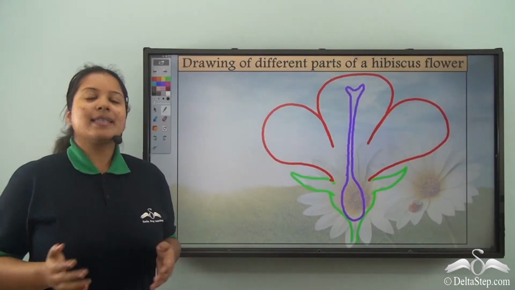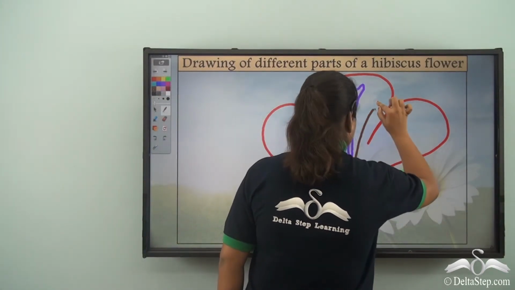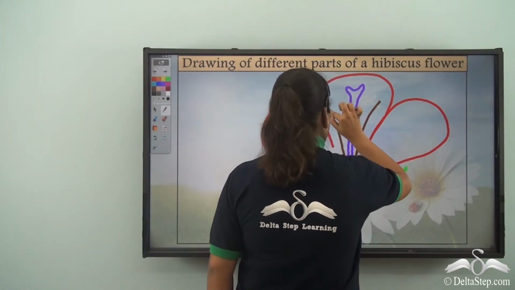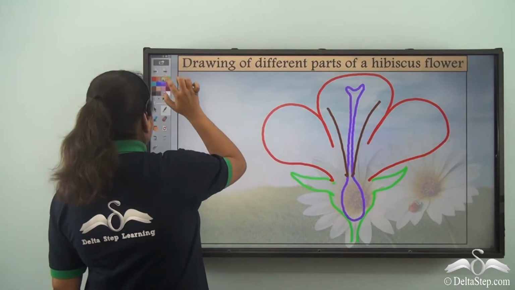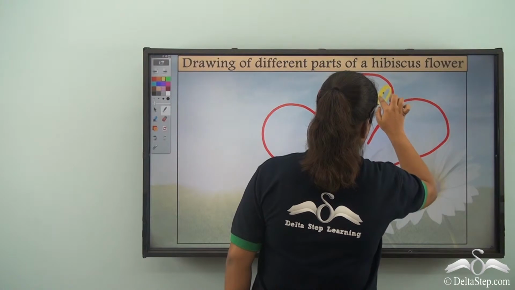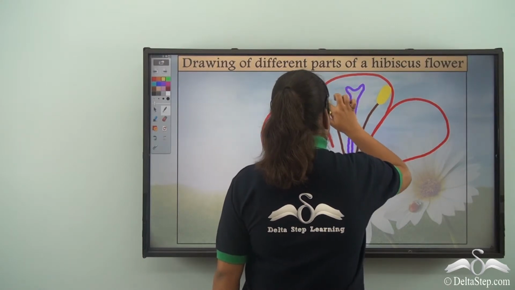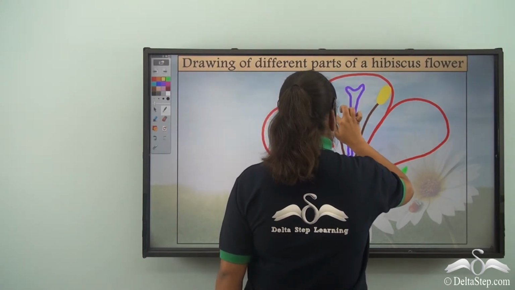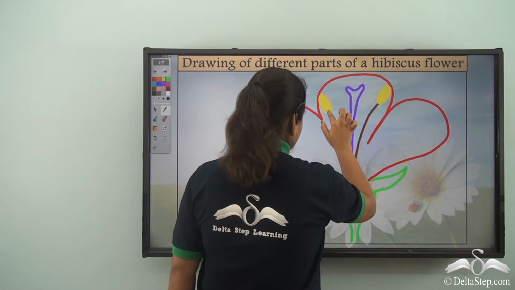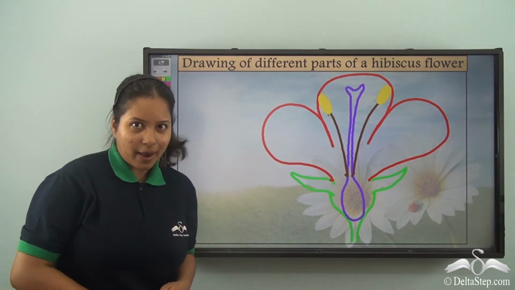So after this, we have got the male reproductive part. See, these are the male reproductive parts.